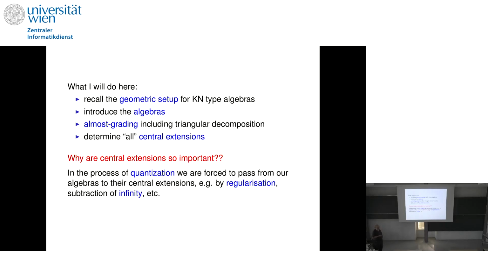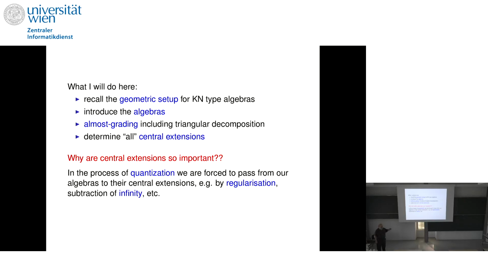Why do we need central extensions? Of course, maybe there's no need for me to tell you why. Central extensions arise in the process of quantization. Let me be careful, I am not talking about the classical case, I talk about the Witt algebra, let's say.